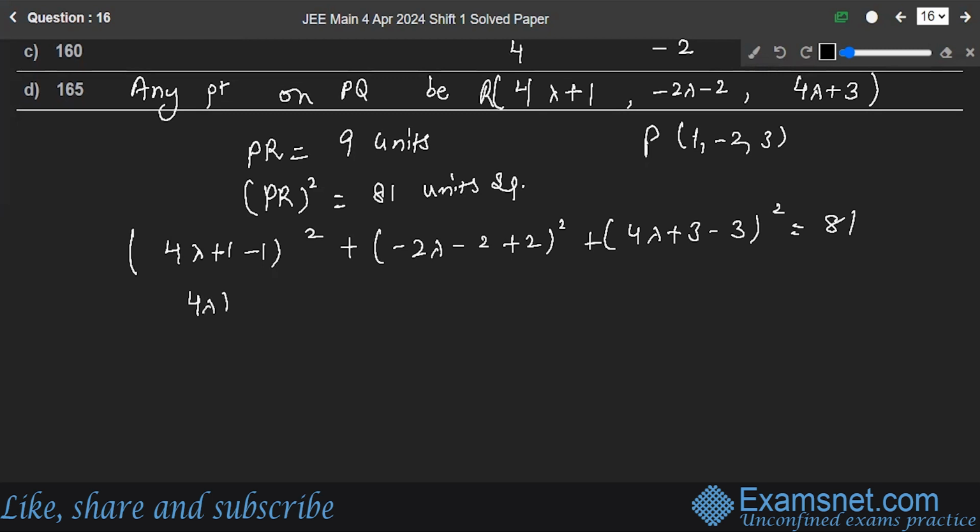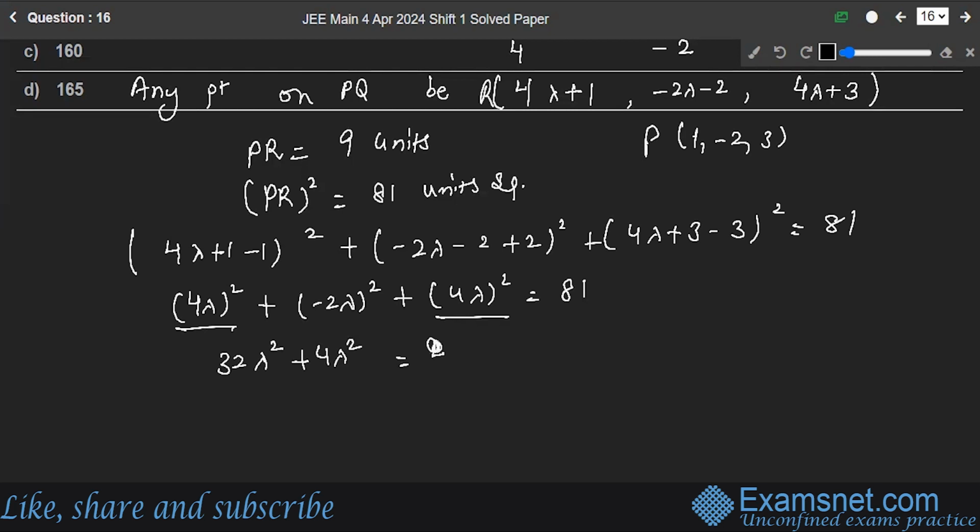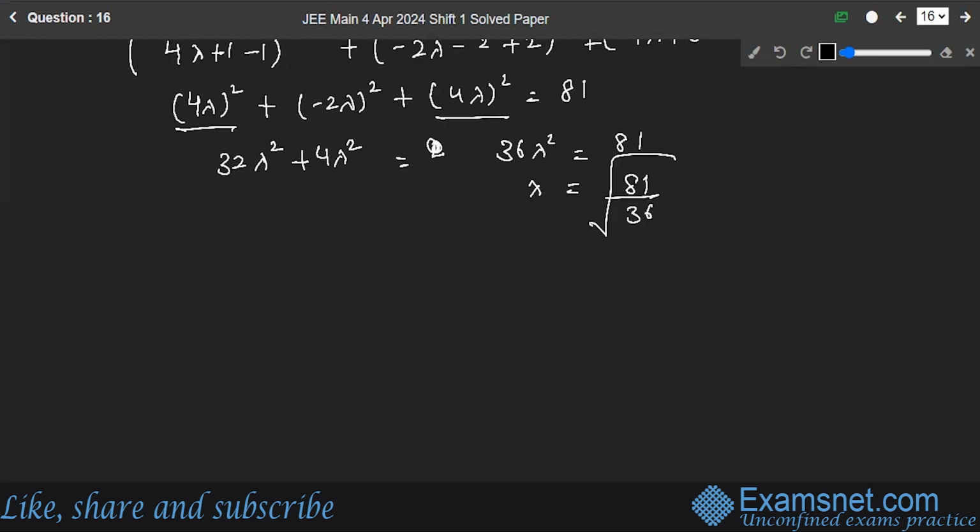This will give me 16 lambda square, plus 4 lambda square, plus 16 lambda square, which is 36 lambda square is equal to 81. Lambda is equal to root of 81 upon 36. So lambda will have the two values plus minus 9 by 6, or this is equal to plus minus 3 by 2. Okay, these are the two values for lambda.